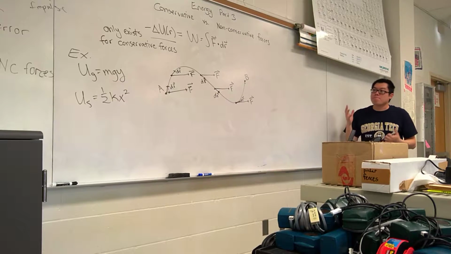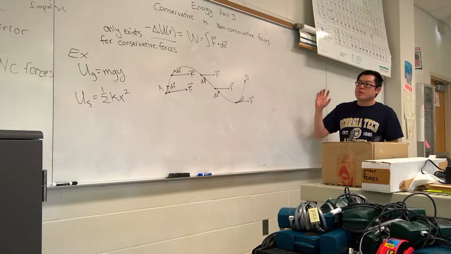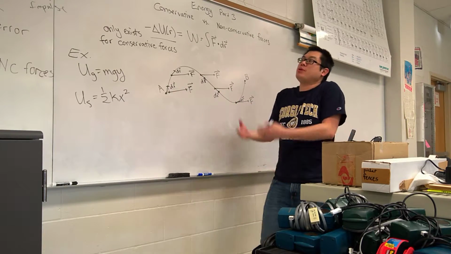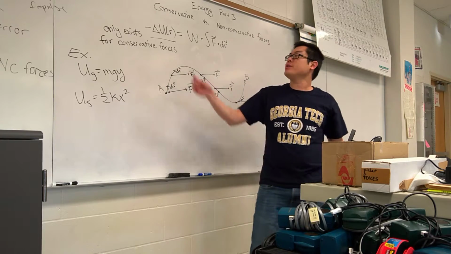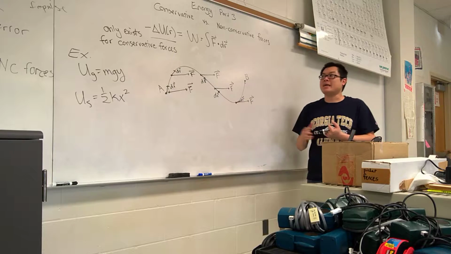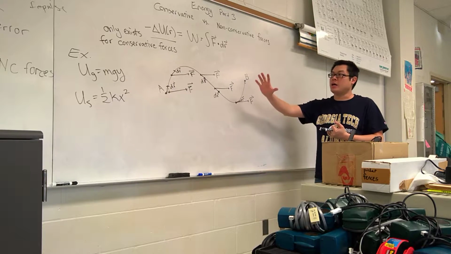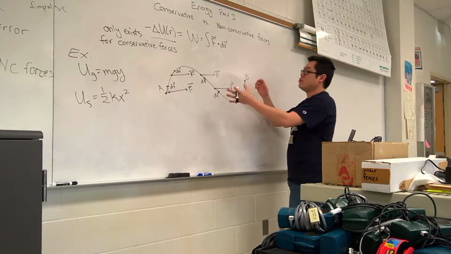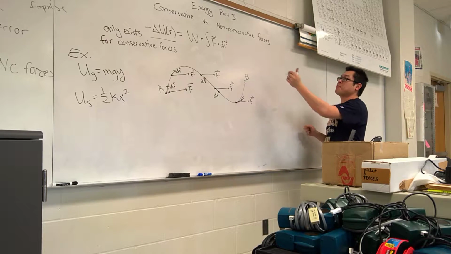So here's the thing. What's the point of knowing that it's a conservative force? What's the point of knowing that there's a potential energy? It is kind of how we represent, or here, I'll put it this way.